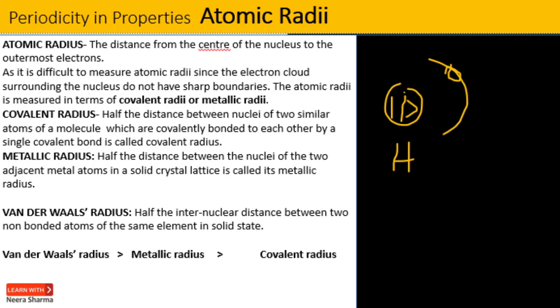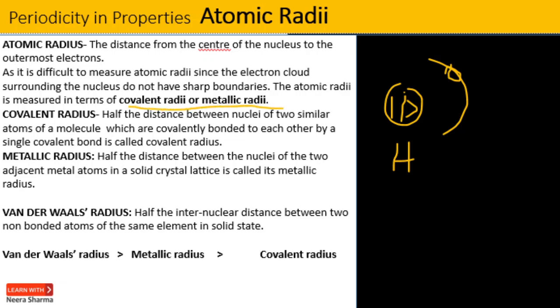Now it is very difficult to measure atomic radii since electron clouds surrounding the nucleus do not have sharp boundaries. The atomic radii is measured therefore in terms of covalent radii or metallic radii.